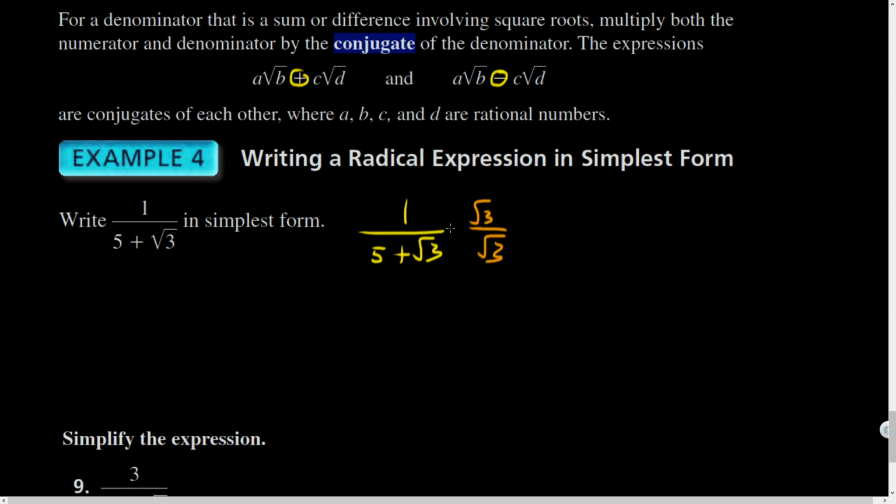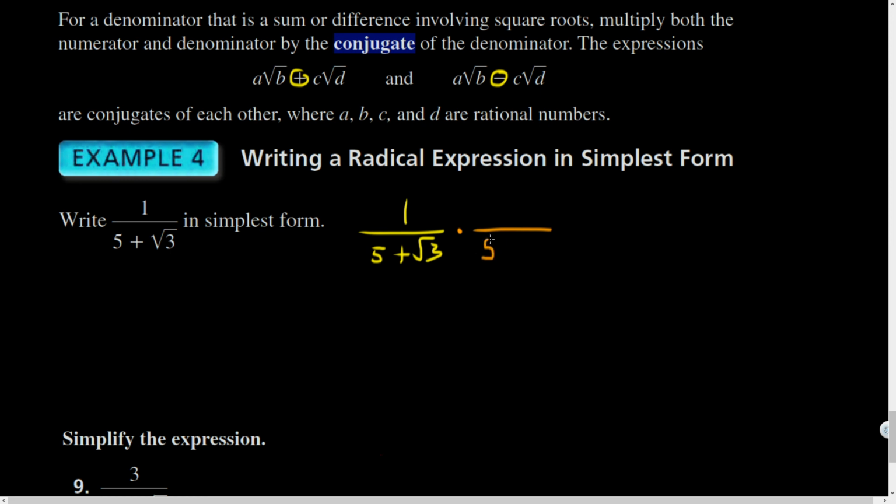It would get rid of this radical, but when I distribute, it would have gotten another radical in there. And so the trick that we had determined was, if you have a two-termed expression, and this, by the way, only works if these are square roots, you multiply by the conjugate.